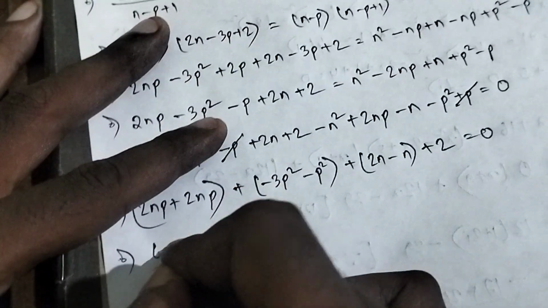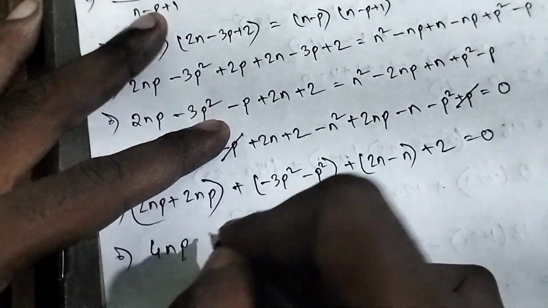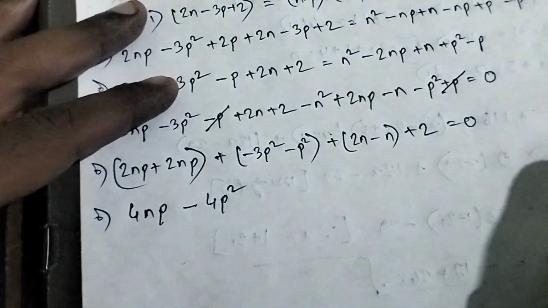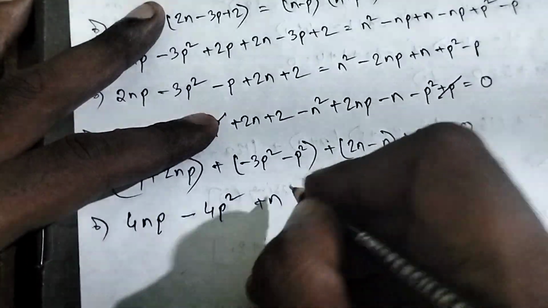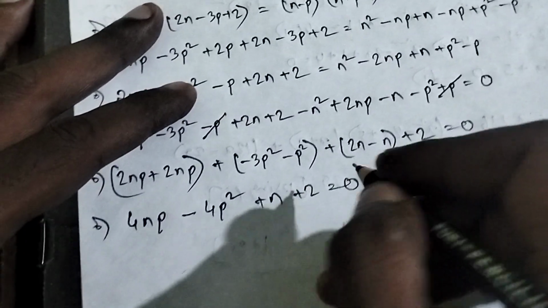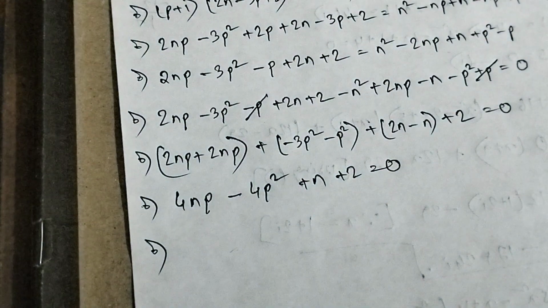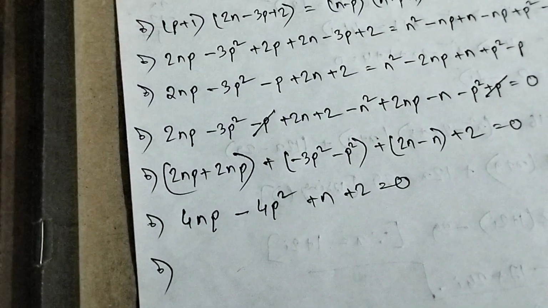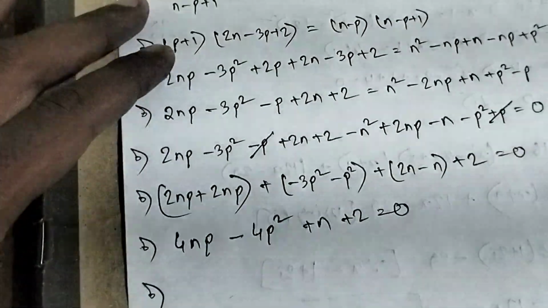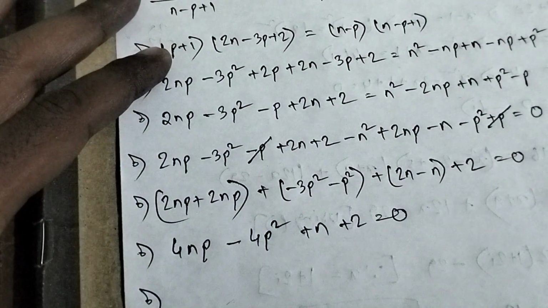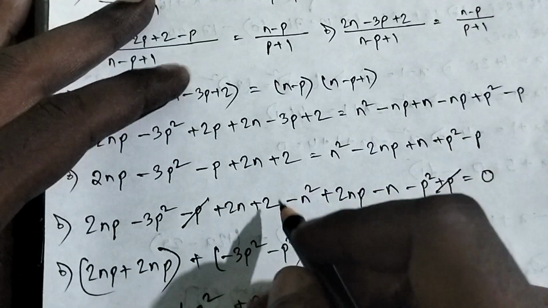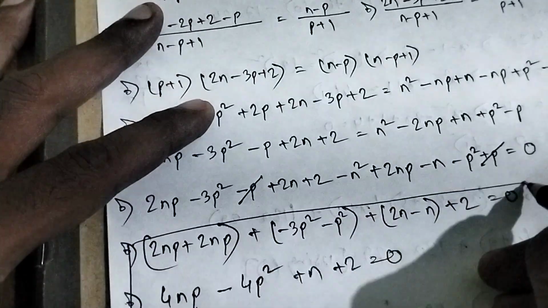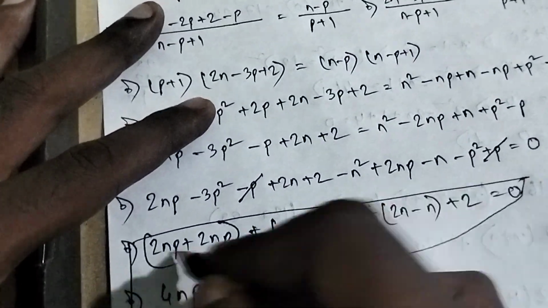So it is 4np minus 4p square, okay, plus n plus 2 is equal to 0. So what, it is not matching with the expression. Some mistake is definitely here.